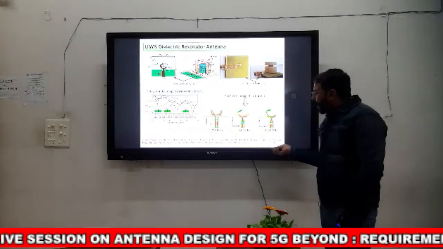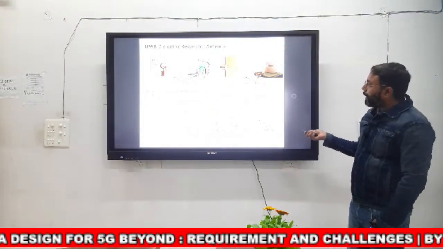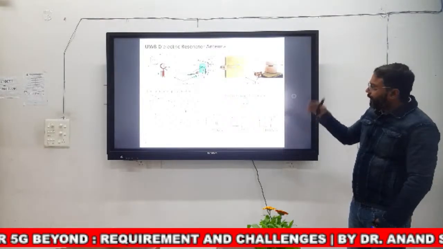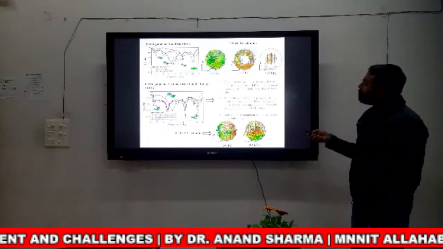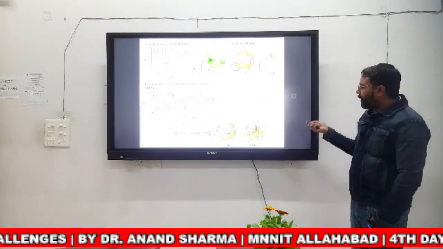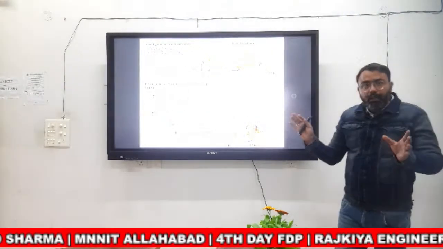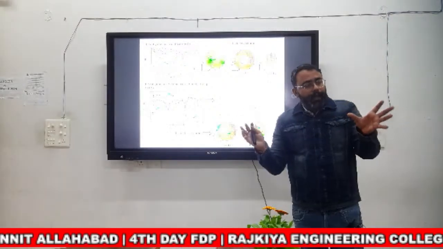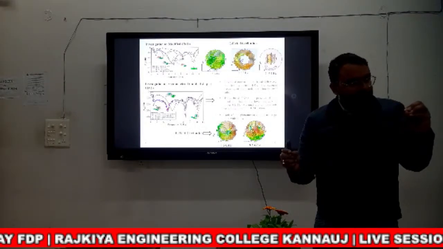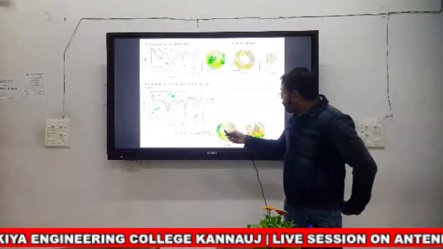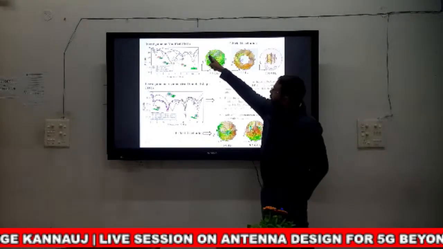Okay, I have given one example of my published paper, where we are using different techniques. I will not discuss in detail why we are using the different techniques. Firstly, we reduce the quality factor of the structure. For reducing the quality factor, we are creating an air cavity. This is a cylindrical structure.